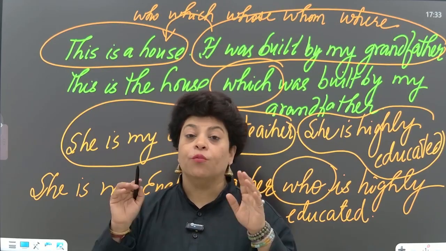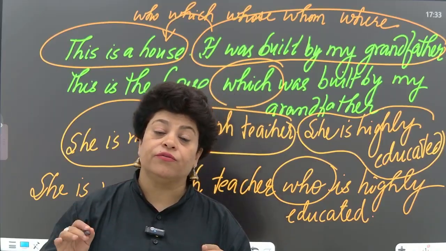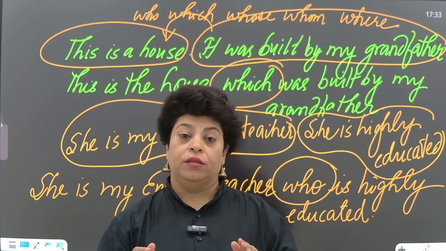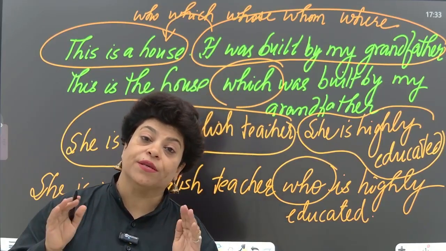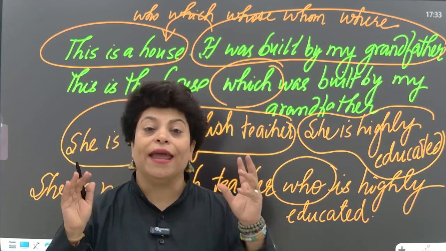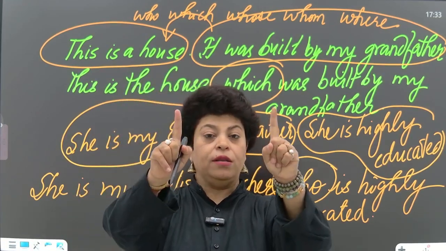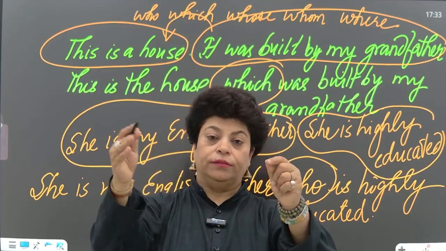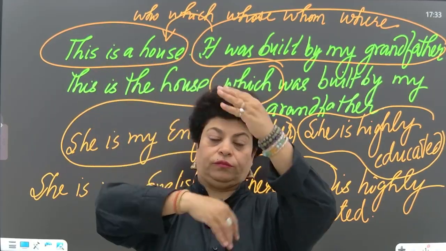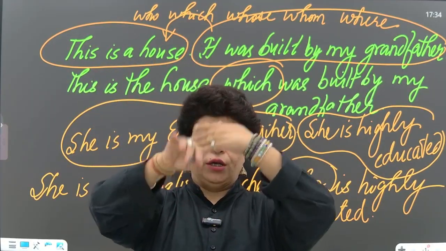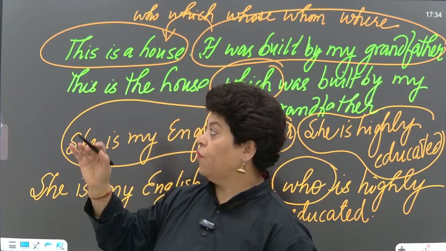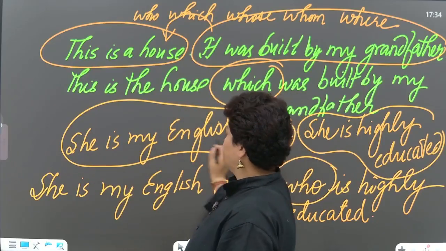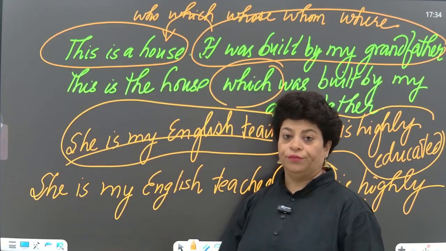But the moment this relative word, which is called a subordinating conjunction, gets attached with one sentence, it makes it a dependent clause. Now, what is the independent clause? She is my English teacher is the independent clause.